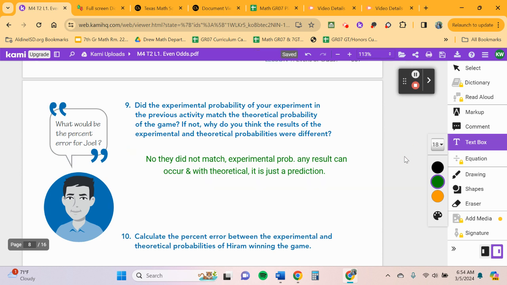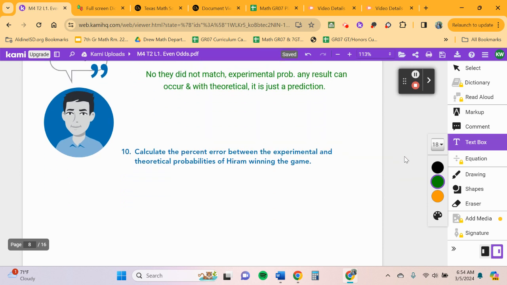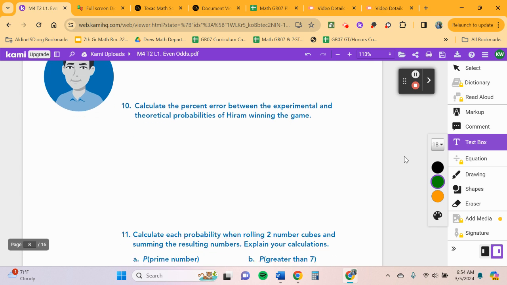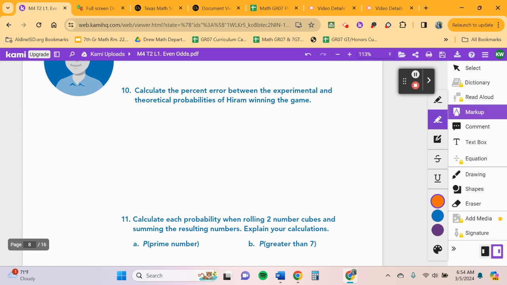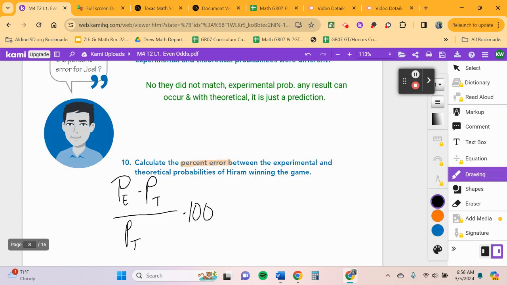Alrighty. Number 10 says, calculate the percent error between the experimental and theoretical probabilities of Haram winning the game. Now, the percent error we went over in the last activity, so I'm going to remind you what that formula is and help you get started. Here is our formula, and let's fill in our values.